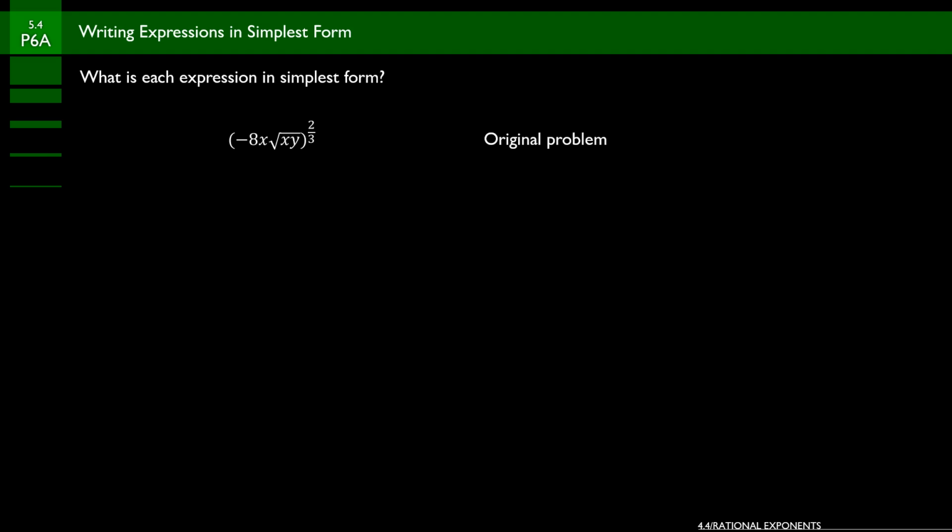So let's simplify everything first and make everything into a rational exponent if necessary. That gives us negative 2 cubed, then x, then the square root of x becomes x to the 1/2, and the square root of y becomes y to the 1/2. And again, all of that is still being raised to the 2/3.